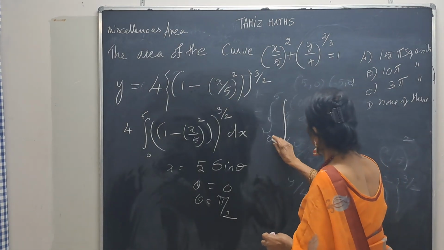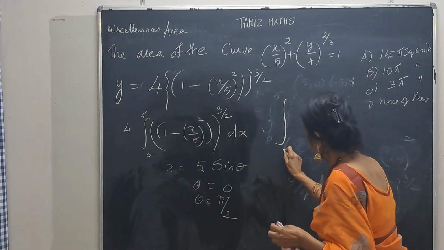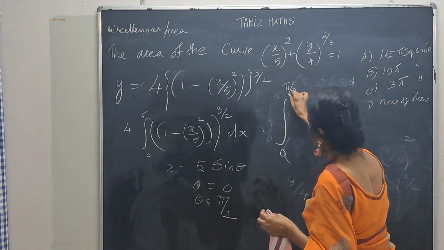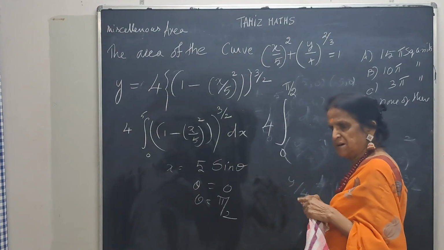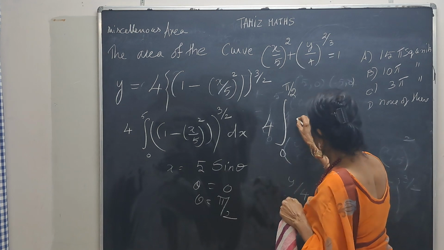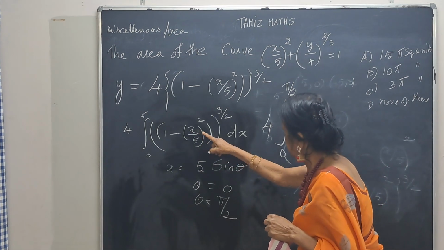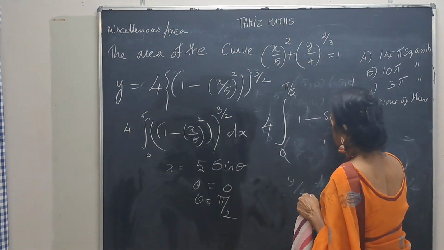the integral, with lower limit 0 for theta and upper limit pi by 2. That 4 is there, so this answer should be multiplied with 4. Then 1 minus, x is 5 sine theta, so this 5 and 5 will get cancelled, and it becomes sine square.